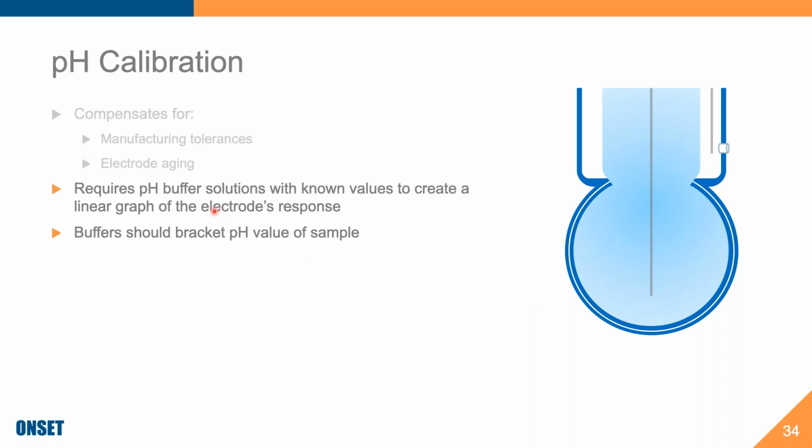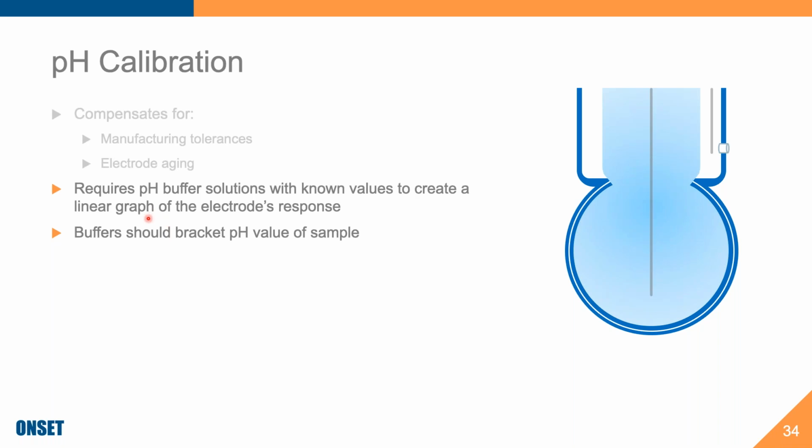Okay. pH calibration requires specific pH buffer solutions, and it depends on the manufacturer. These buffer solutions have known values, and they're meant to create a linear graph of the electrode's response. This graph will be potential versus pH unit.